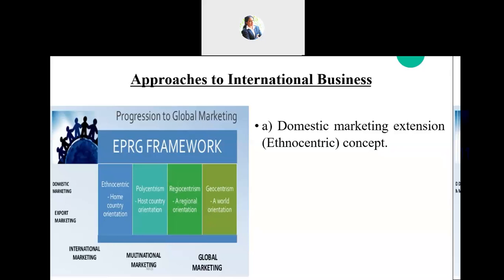Now, the first one we can call the ethnocentric concept or domestic market extension.